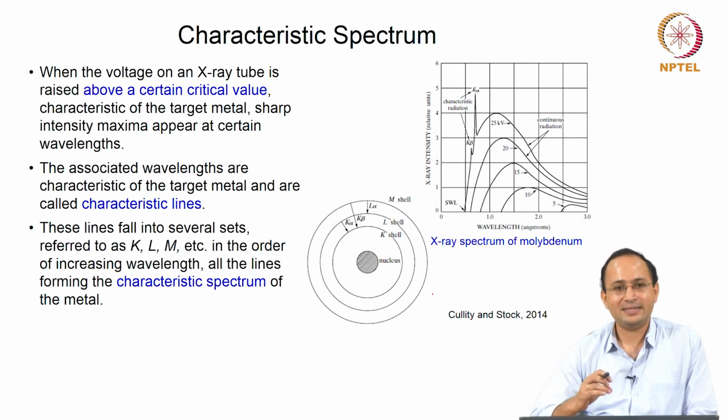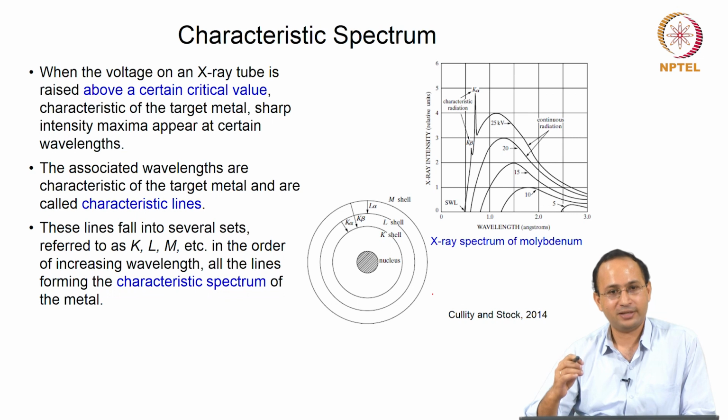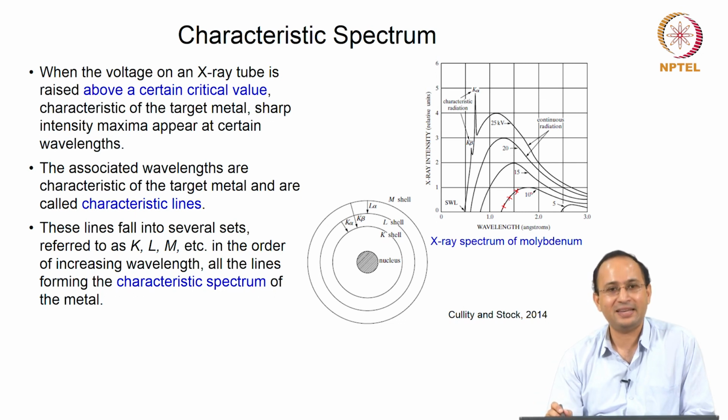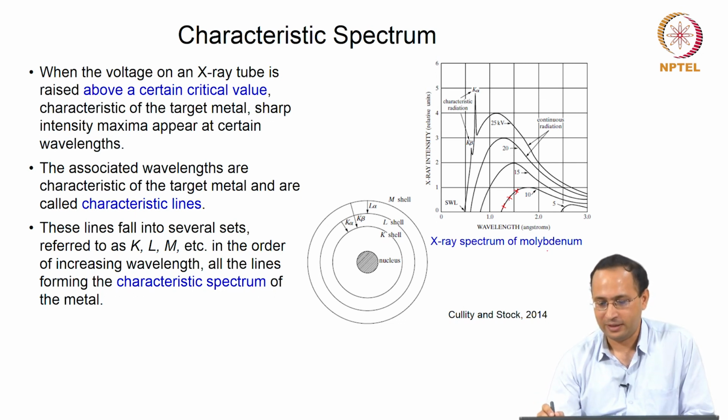Now we analyze the X-rays which are coming out. They contain various wavelengths and associated intensity. So, you can plot, suppose you analyze the X-ray coming out of the metal target, for an example, in this case, suppose we are operating at 10 kV.